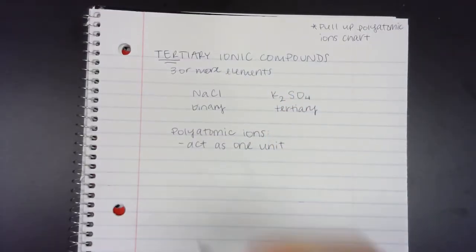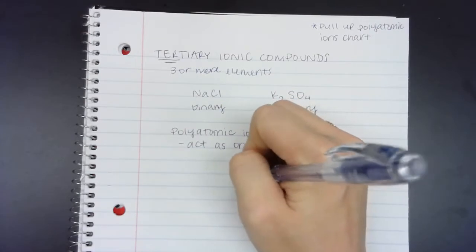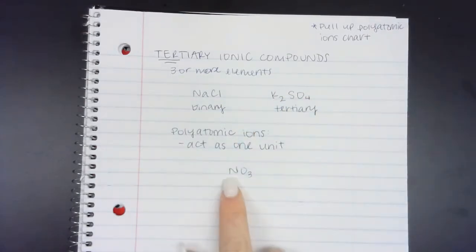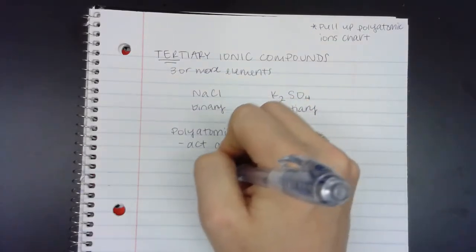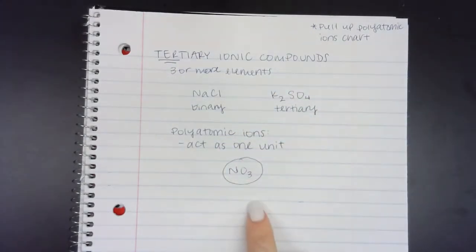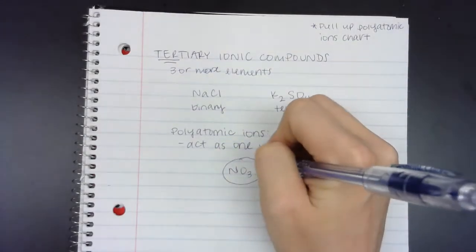For example, nitrate, even though it's a nitrogen bonded to 3 different oxygens, this whole thing acts like one unit and has a -1 charge.